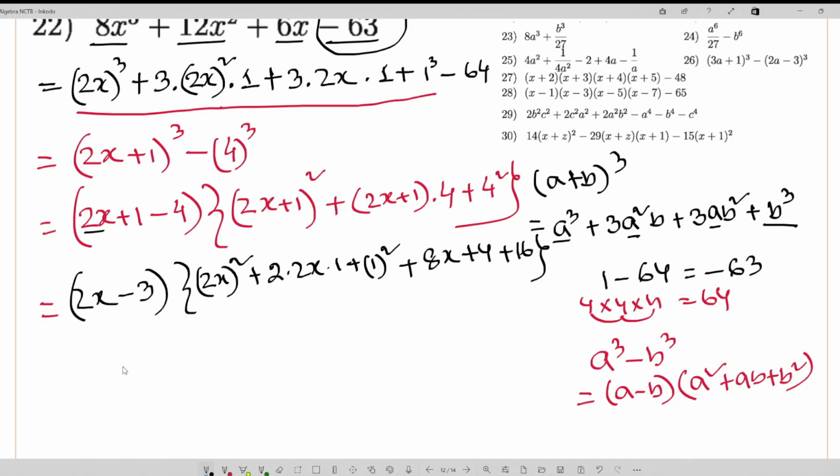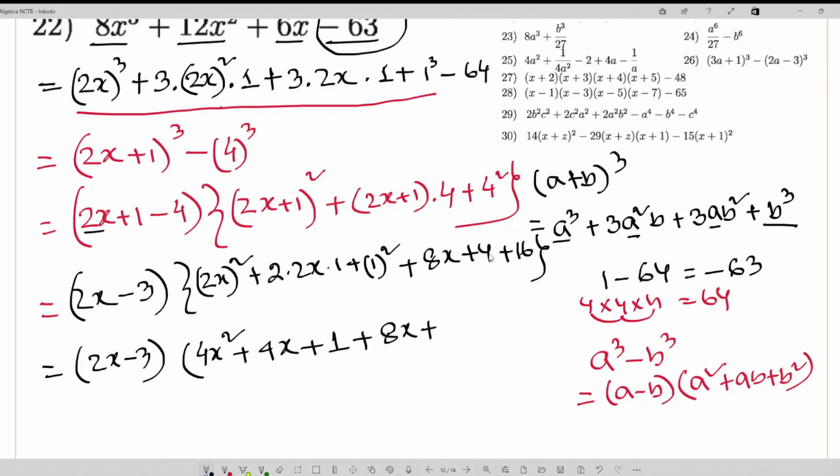Okay, now this is (2x minus 3), and this is 4x square plus 4x plus 1, right? And here is 8x plus, here is what? 4 plus 16, so 4 plus 16.